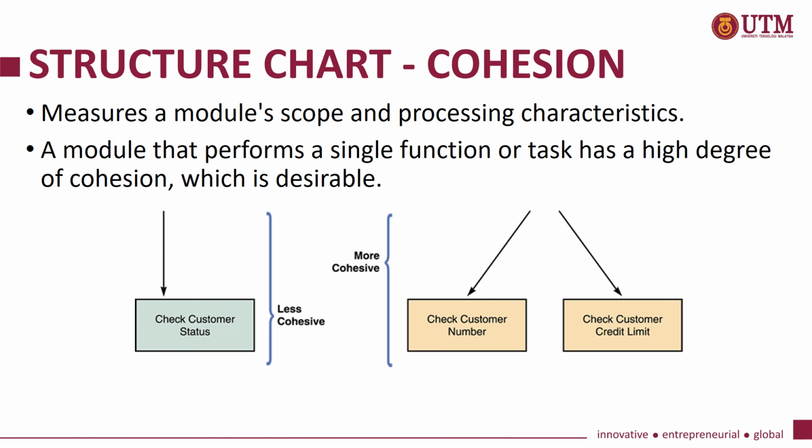Notice that the figure with one module is less cohesive than the figure with the two modules because it combines the two tasks into a single module, while the other figure treats them as separate modules. You achieve more cohesion and better program quality.